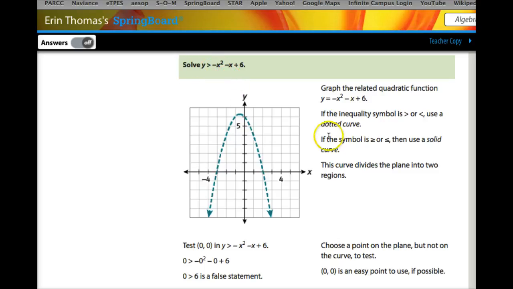So if you're asked to graph this or solve it, remember that when we're using inequalities, if it's a plain greater than or a plain less than, you need to make sure that your curve is dotted. You definitely need to know this, because not all graphing calculators will dash or dot it for you. If it has the equals with it, then it should be solid.